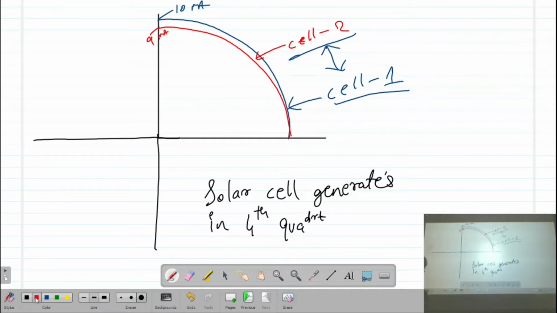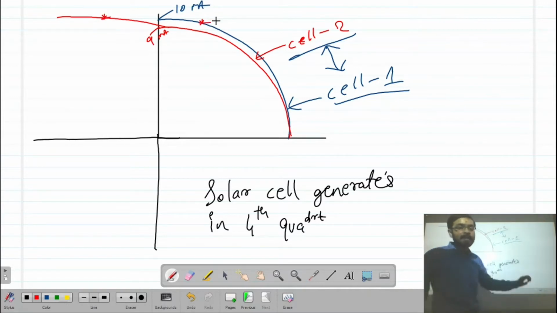Now what happens? Cell 2 will try to raise its current in order to match with the current of cell 1.